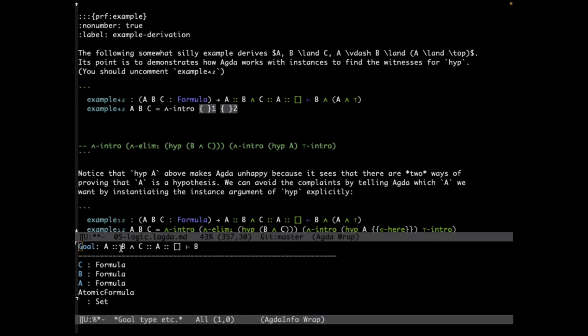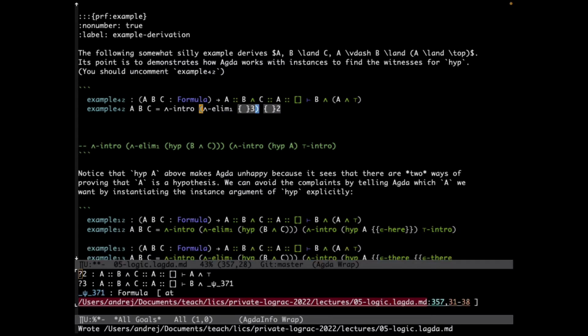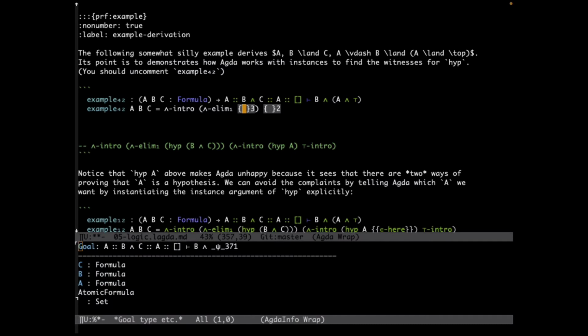Oh, I will get B from B and C. So that's going to be an elimination, and it's going to be the first one because it's on the left. And then it says, but what's this conjunction you're talking about? And I say, it's a hypothesis that B and C holds.